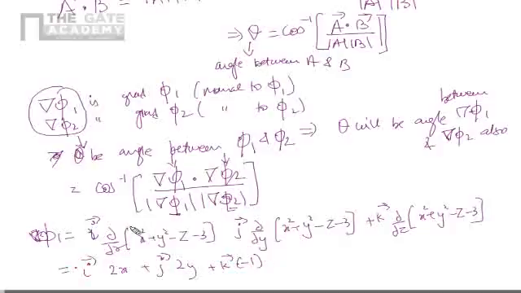So at 2 comma minus 1 comma 2, what is del phi 1?